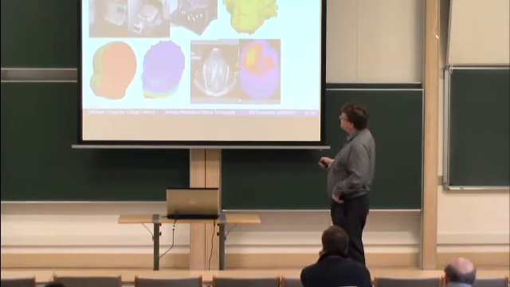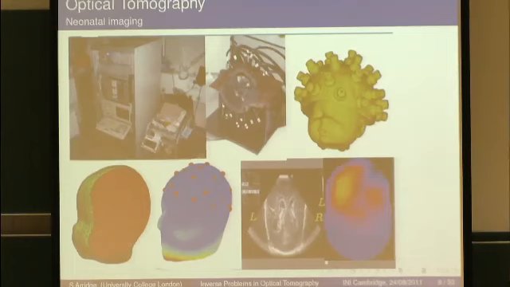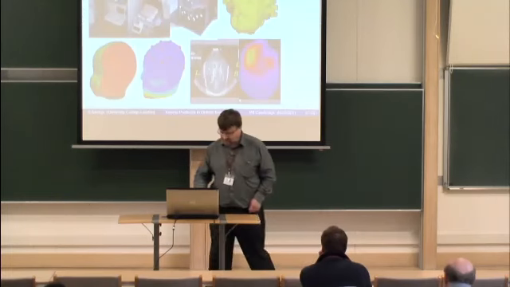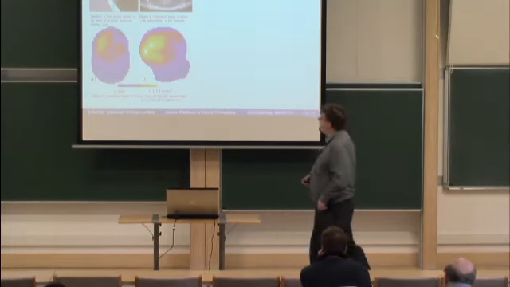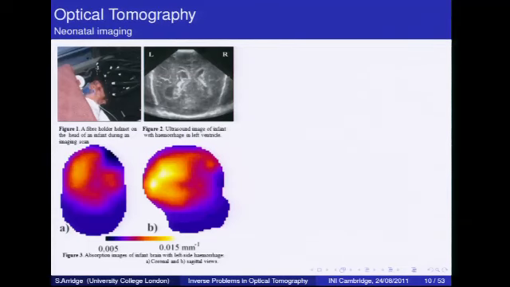This is the ventricles in the brain. This patient had an intraventricular hemorrhage, so there's bleeding into this left side of the brain, and this shows up as this bright patch in this image. And that's just another view of the same thing, coronal and sagittal of the baby, so it's fully 3D.